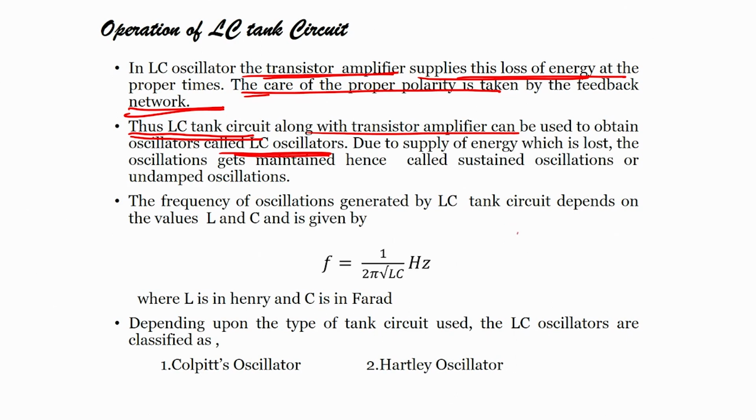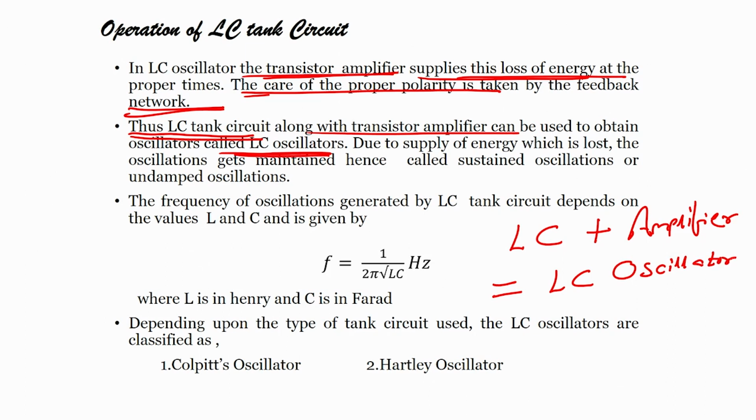So, LC plus amplifier will be called an LC oscillator. Due to the supply of energy which is lost, the oscillation gets maintained, hence sustained oscillations or undamped oscillations are formed.